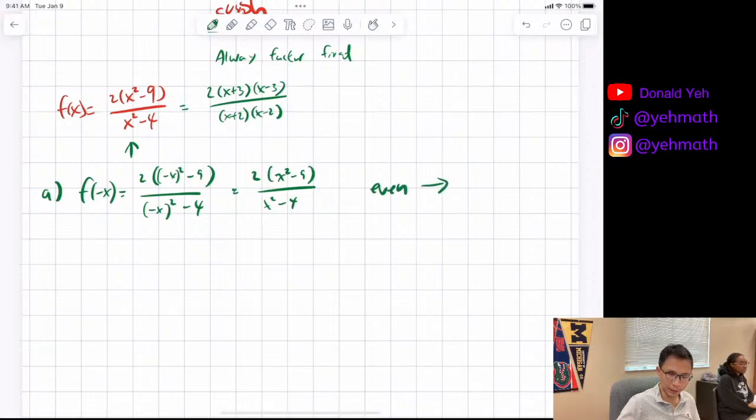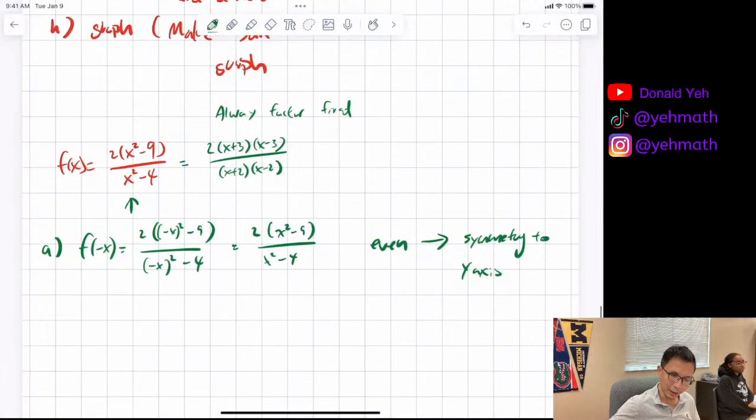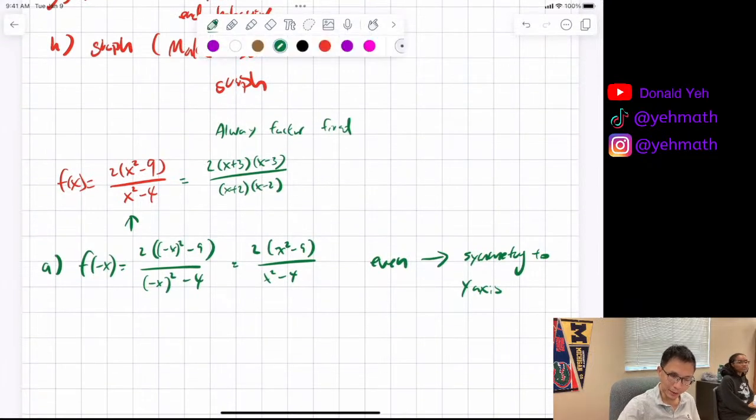Now, what is even? Even has symmetry to the y-axis. Now, just to remind you on the side, what happens if it's odd? Symmetry to origin. What do you mean by symmetry to origin, though? Later on, we might give you a question that has symmetry to origin.